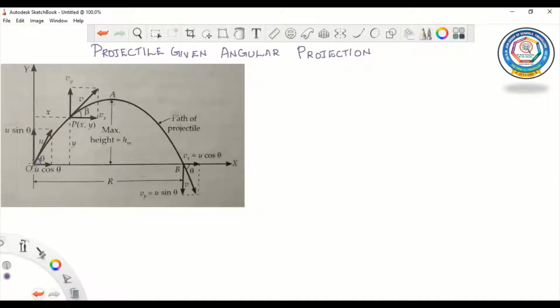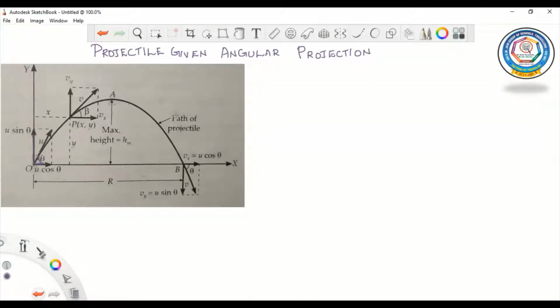The horizontal component u cos theta remains constant throughout the motion, and the vertical component u sin theta changes with time under the effect of gravity.